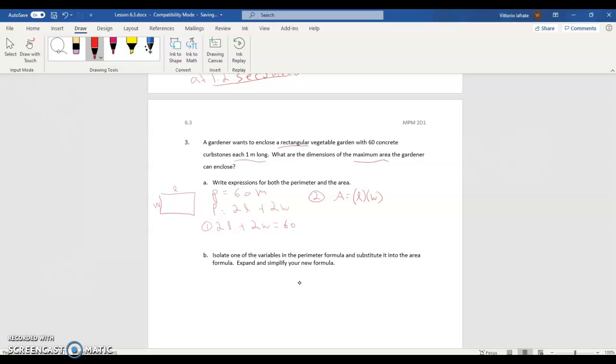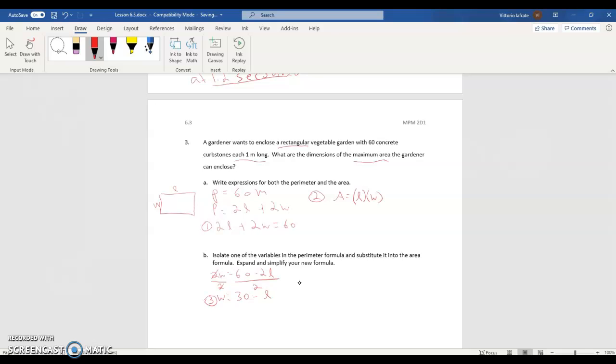Let's choose to do W. So we're going to have 2W is equal to 60 minus 2L. We're going to do the inverse operation to isolate W, so divide by 2 there, and we get W is equal to 30 minus L. And so this will be equation number 3.